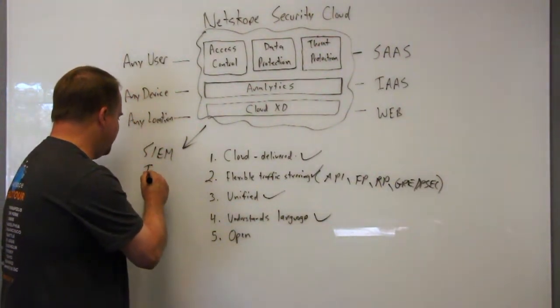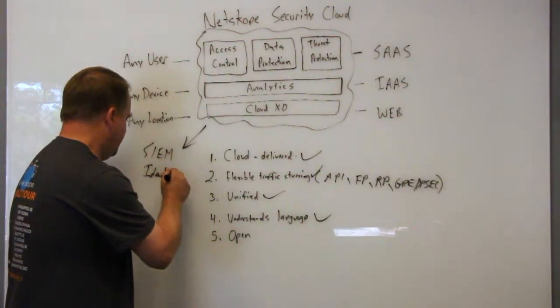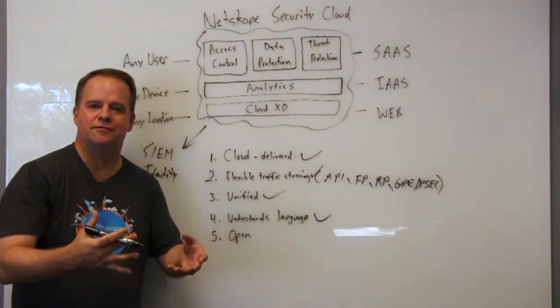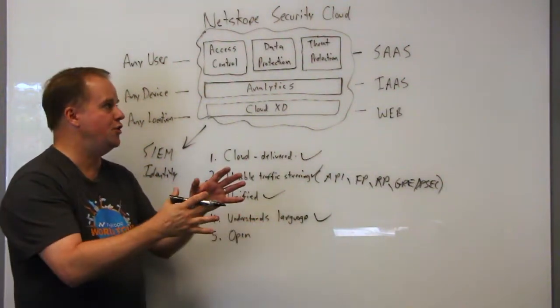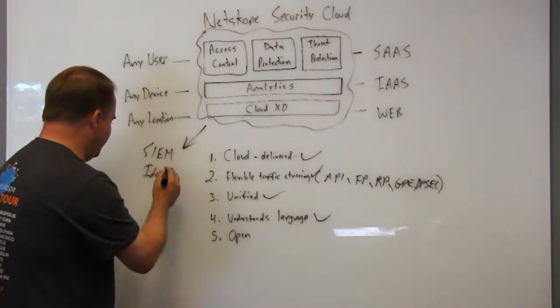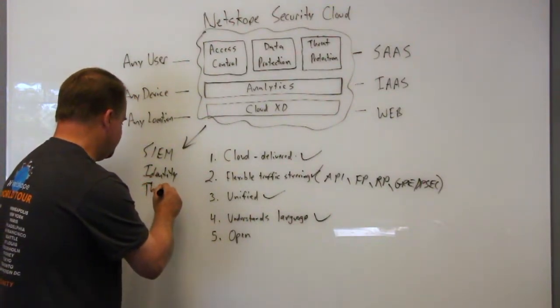It also could be your identity provider, such as Okta, Ping, Centrify, Microsoft, etc., to build that into your security workflows. It could be your threat intelligence.